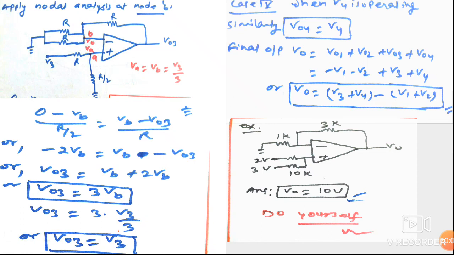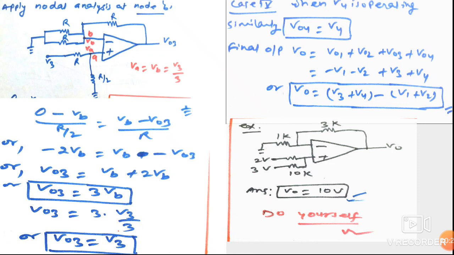Solving, we can get V output 3 is equal to 3 times VB, that is 3 times V3 upon 3. So V output 3, the output voltage due to V3, is equal to V3.